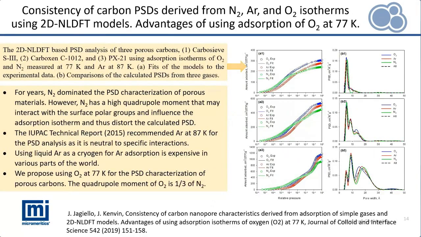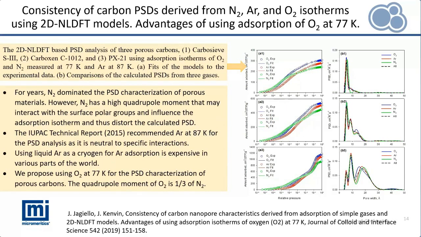For years, nitrogen dominated the PSD characterization of porous materials. However, nitrogen has a high quadrupole moment that may interact with surface polar groups and influence the adsorption isotherm and thus distort the calculated pore size distribution. The IUPAC technical report of 2015 recommended argon at 87 K for the PSD analysis as it is neutral to specific interactions.